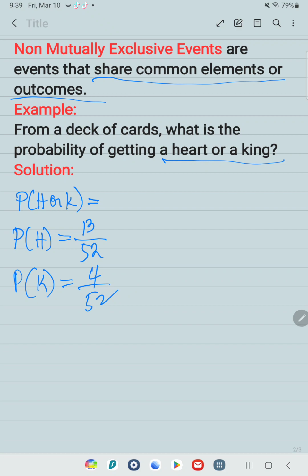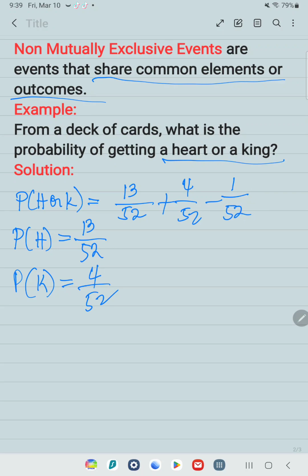But here, there is one card that is a king and at the same time a heart. So what are we going to do with that? We need to subtract it. We add these first: 13 over 52 plus 4 over 52, minus that one card that is a king and a heart at the same time.